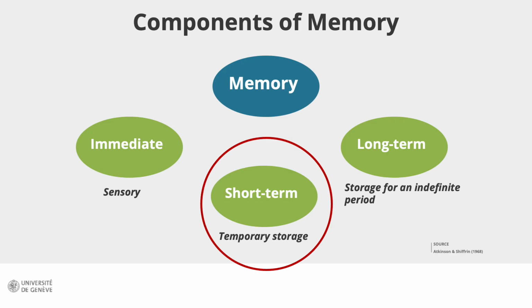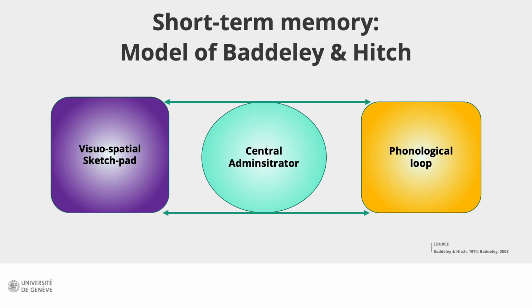Now, what we need to realize in terms of psychological interventions is that for ADHD, most of the interventions focus on short-term memory processes. Okay? So then we need a model to understand how short-term memory works. And we can take Baddeley's model of the central administrator. So the central administrator model of Baddeley suggests that there are three main components. The administrator, which is like a conductor that directs an orchestra, directs information that is more visual-spatial.